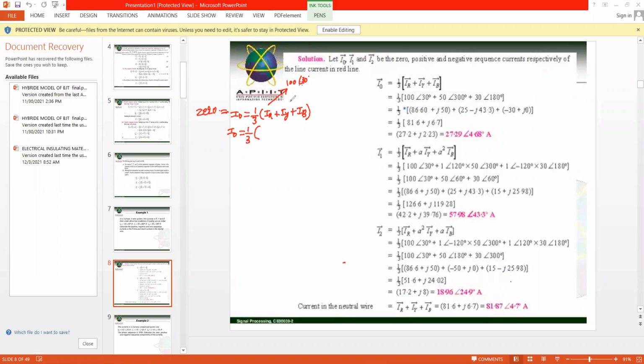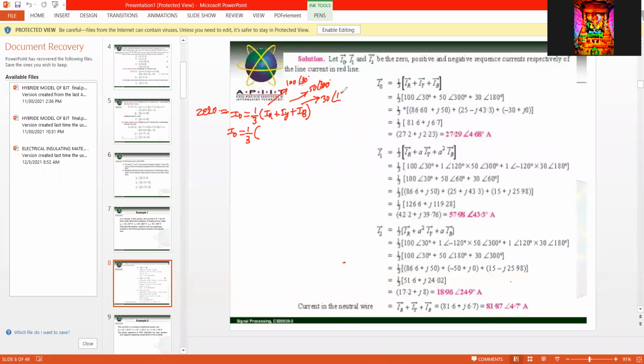IY current 50 at an angle of 300 degree. And next IB, 30 at an angle of 180 degree. These are in ampere.